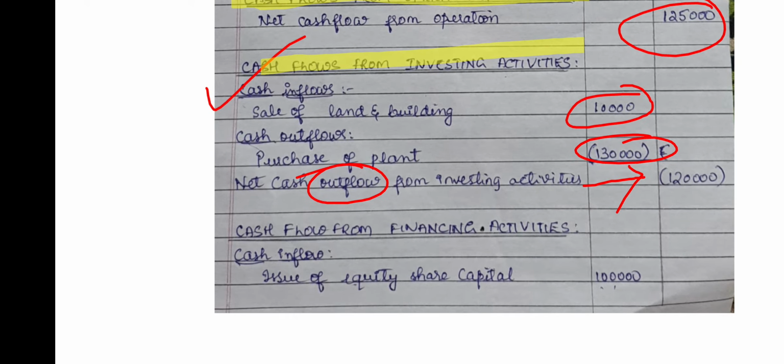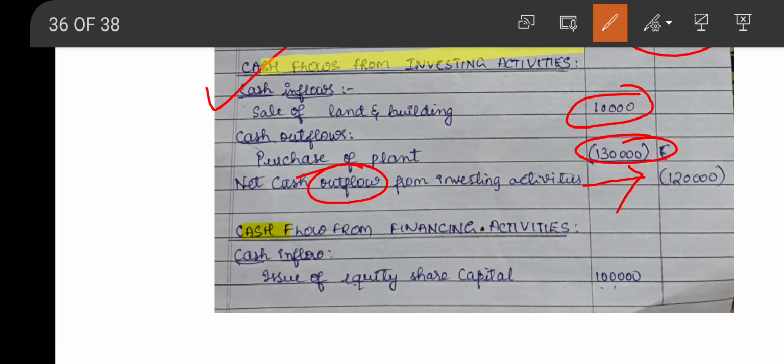Next, cash flow from financing activities. Under financing activity, we should consider shares, debentures, dividend paid, etc. Under cash inflow, it is issue of equity share capital, 1 lakh.